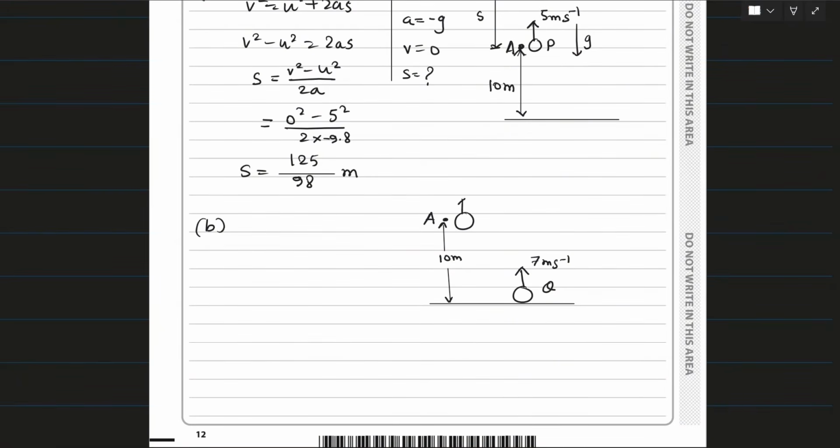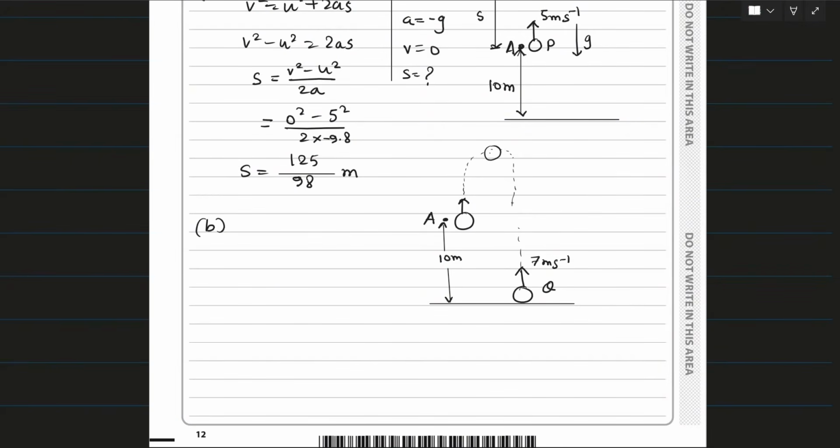Particle P has been projected from point A, and it will move up and reach its maximum height, and then it will fall down again. At some point, particle Q and particle P will collide together.